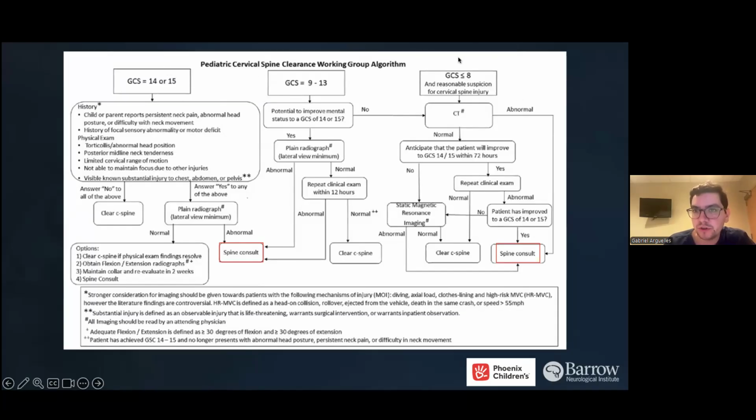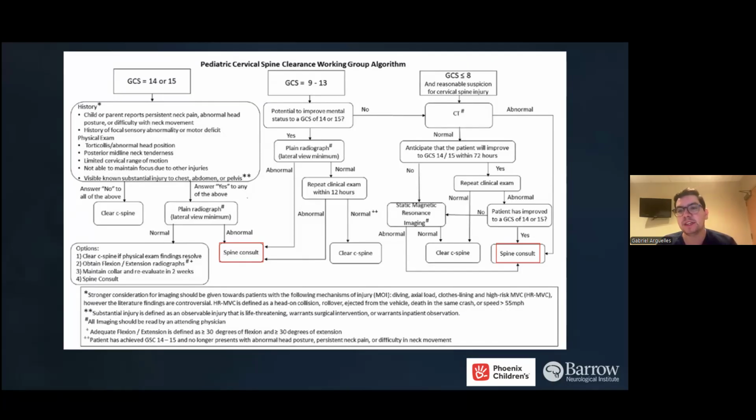So for the comatose group, they recommend at least getting a CT scan in these patients. In adults, CT scans are very powerful as far as their ability to clear a cervical collar. They're more or less thought to be almost sufficient for clearing a cervical collar in an adult because of the high quality CTs we have and because of the anatomical differences between kids and adults.